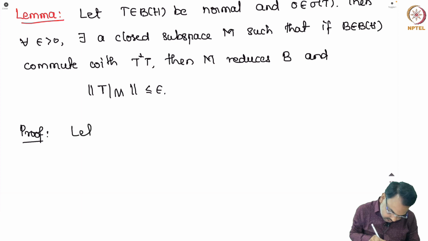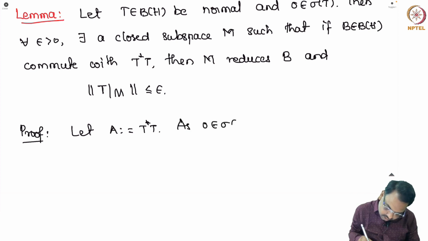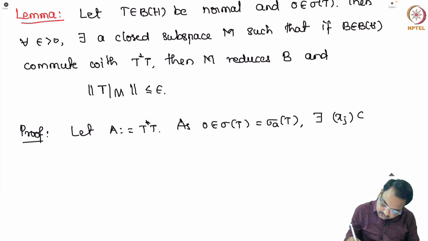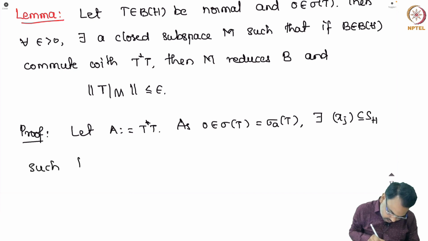Okay. So let us write T star T as A. As 0 is in the spectrum of T, now T is normal, so the spectrum equals the approximate point spectrum. So we can get a sequence x_n in the unit sphere of H such that T x_n converges to 0.